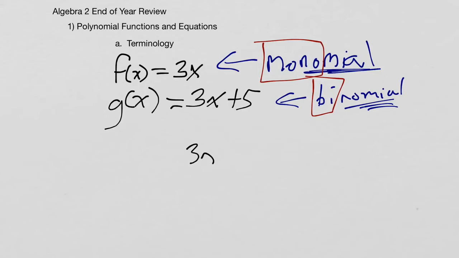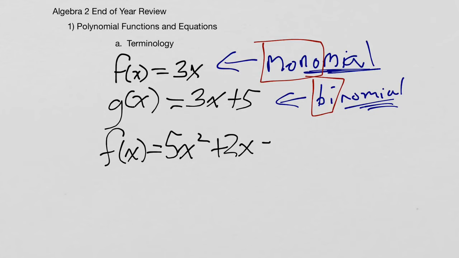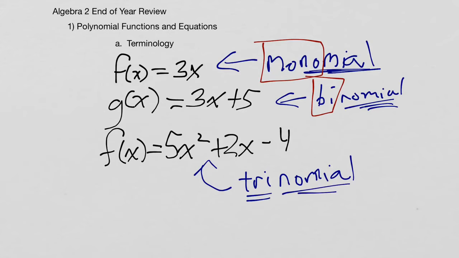All right, so let's just look at one more. f of x equals 5x squared plus 2x minus 4. That's going to be called a trinomial. You guessed it, trinomial, because tri means 3, and your nomial is part of the whole polynomial thing. Trinomial.